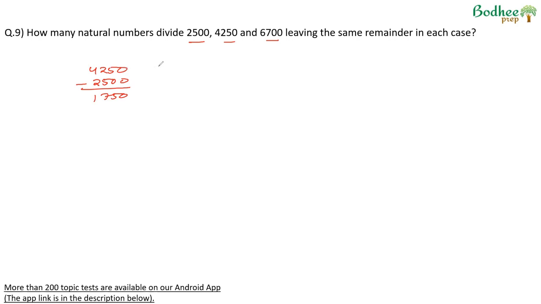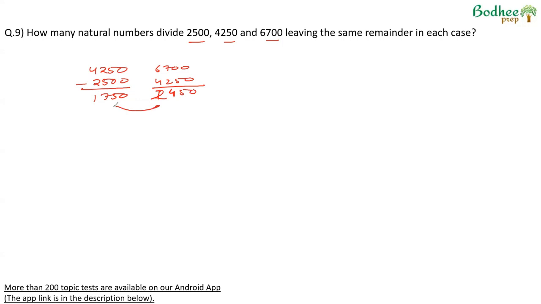And then we take the difference of, say, 6700 and 4250, which will be 2450, sorry.